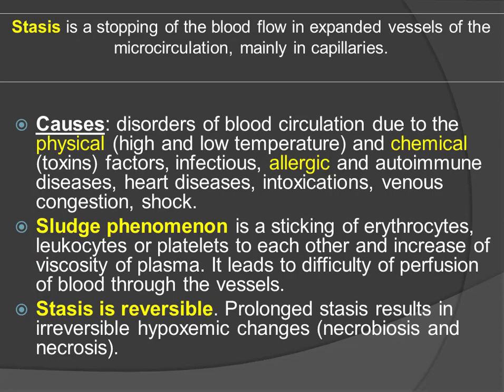The rheological properties of blood in the microvessels are mainly determined by the ability of aggregation of RBCs, which can clump together to form rolls and polymorphic conglomerates. The causes of stasis are dyscirculation disorders that can be caused by physical factors, chemical factors, infections, allergic and autoimmune diseases, and cardiovascular disease.